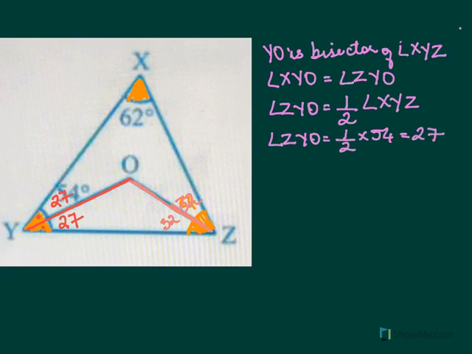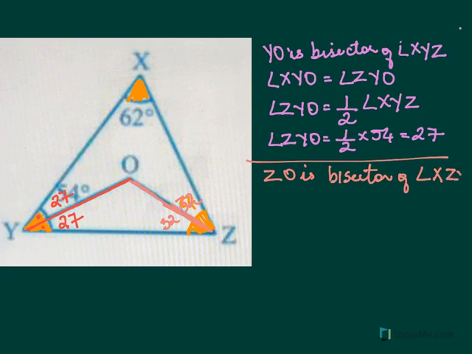For the next part, similarly, we have ZO. Have you seen the ZO here? It is bisector of, which is given to us, angle XZY. Therefore two angles will be equal. This angle here 32, and this will be 32. So angle XZO will be equal to angle YZO.